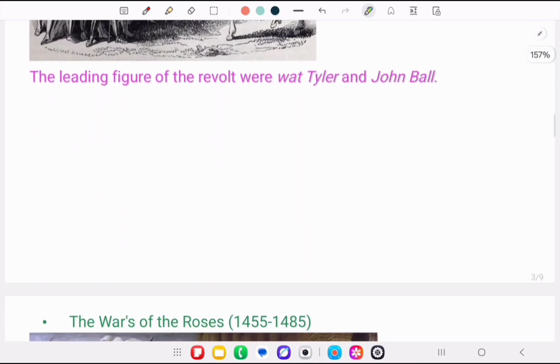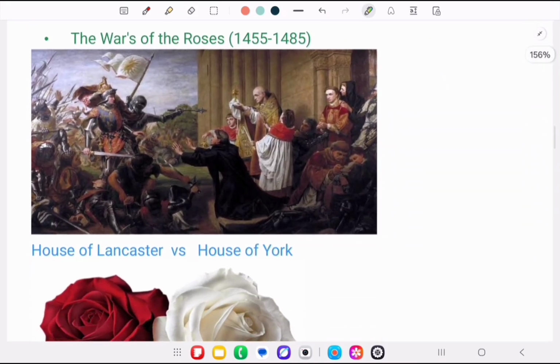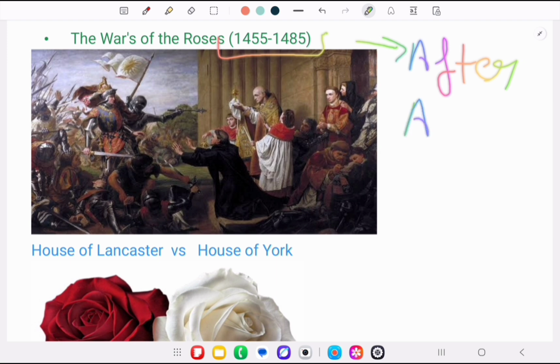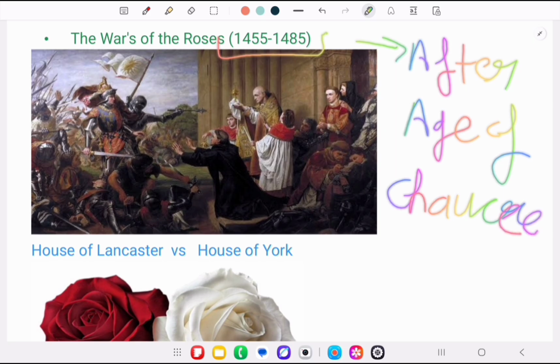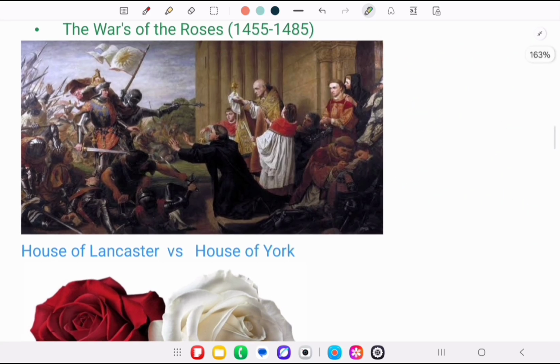After that, the War of the Roses, which happened from 1455 to 1485, after the age of Chaucer. In the 15th century, a series of dynastic conflicts took England over, called the Wars of the Roses.